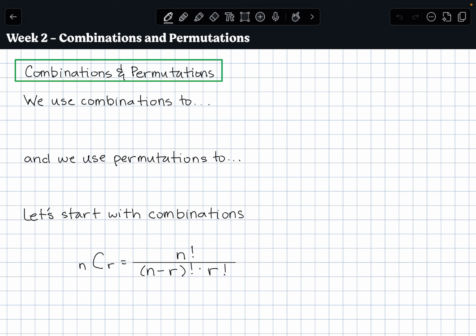So we use combinations to find the number of outcomes, or possibilities. I think that was the word I was looking for. Specifically, the number of possible groupings when order is not important.